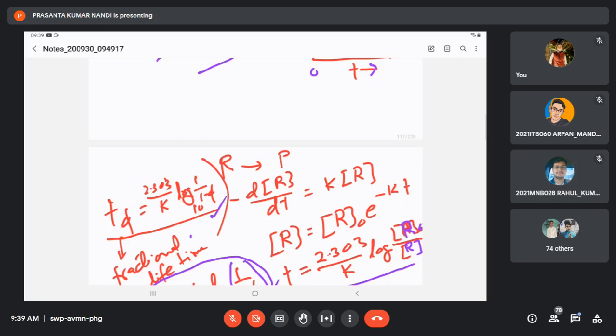So it is straightforward to integrate, and you will get the integrated rate equation. Right.